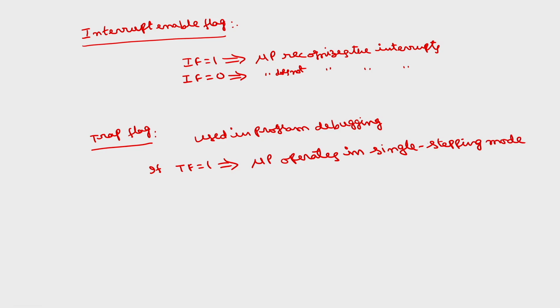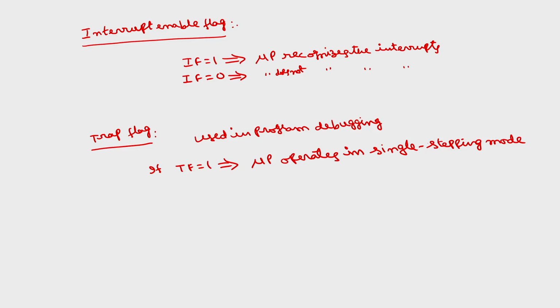That is, after each instruction is executed, the microprocessor will be interrupted. So, at the interrupt service subroutine, you can write a program to display the contents of the registers and memory locations. Say for example, you have instructions like MOV AL, BL, INC CL, LEA with some 6000 H. I will describe the instructions later.